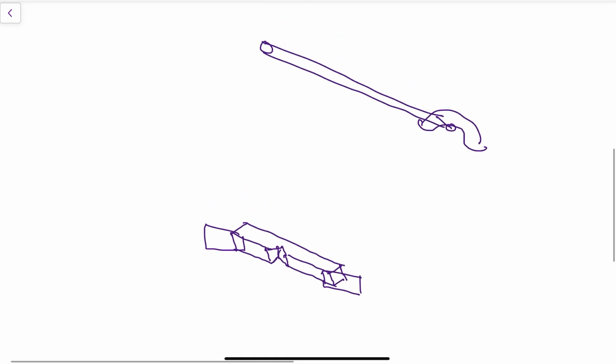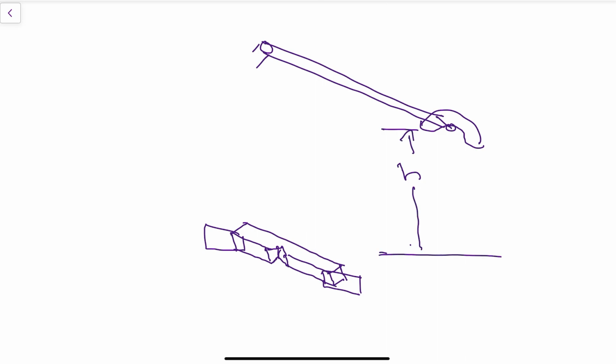When it is left free, it will strike the specimen and break it. This will be released at a particular height. Let this be the base height. So this is released from a height h.